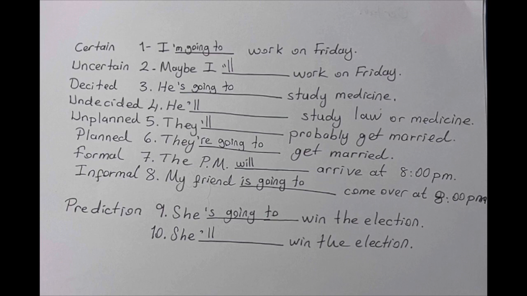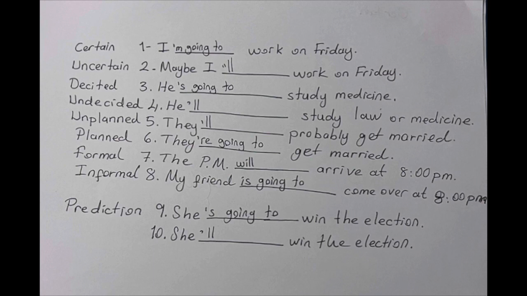It's undecided. So, it will be he'll study law or medicine. Let's go to number 5. Unplanned. They'll probably get married. Number 6. Planned. They are going to get married.